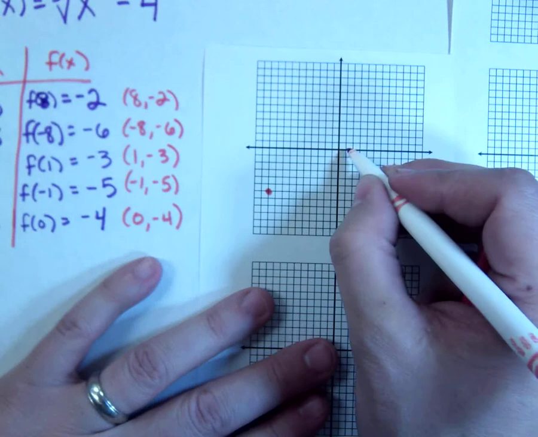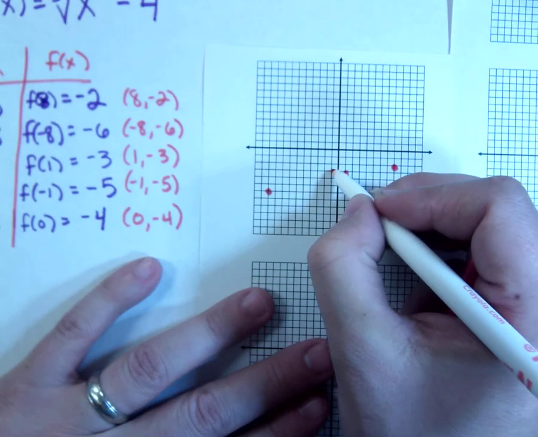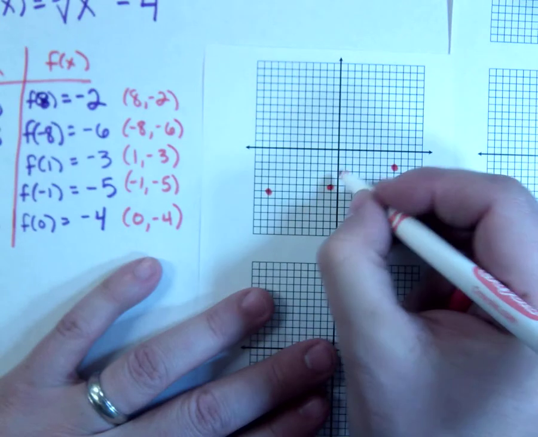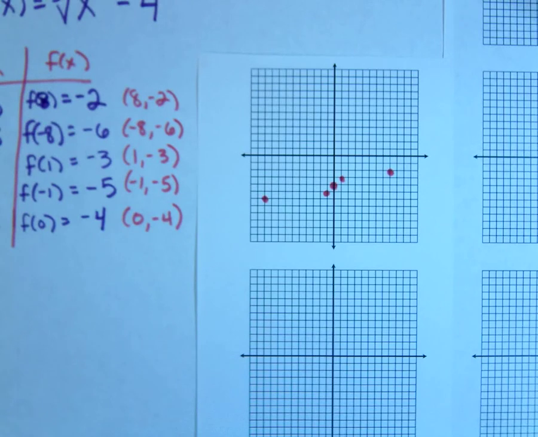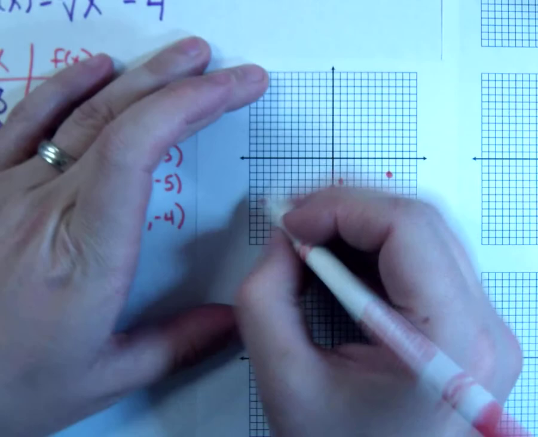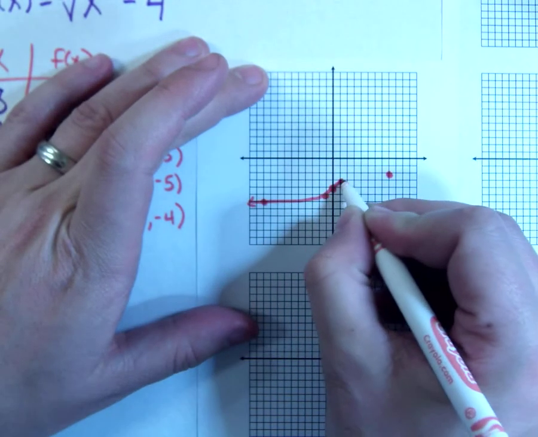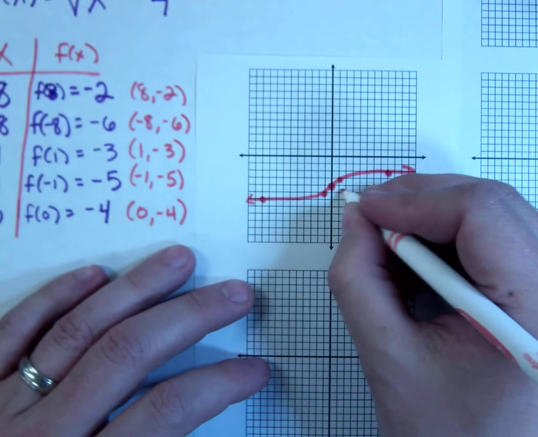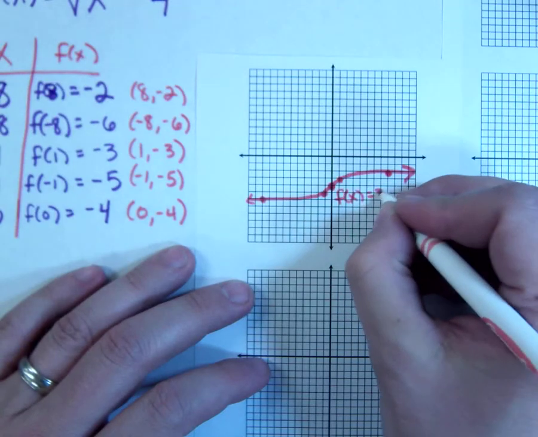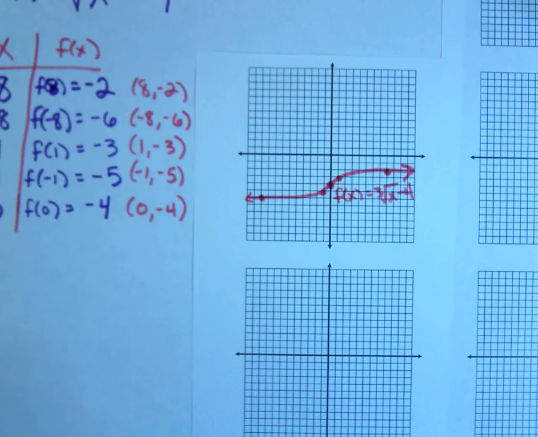I'll do 1, -3, -1, -5, and then 0, -4. This is how cool this one looks. That is a cool graph.